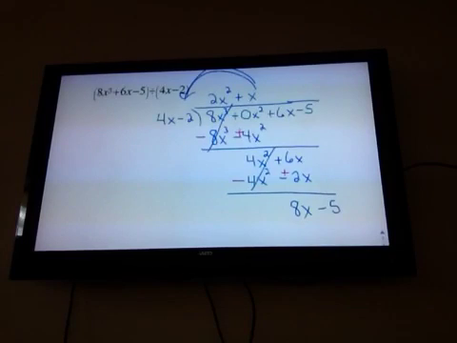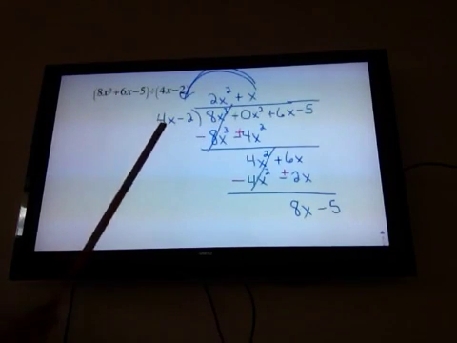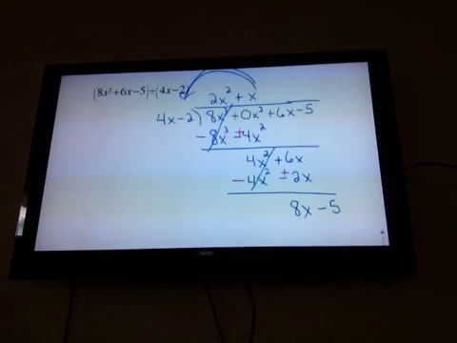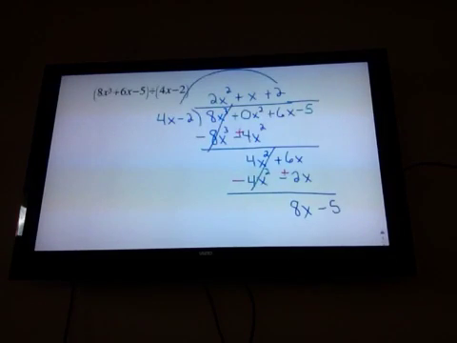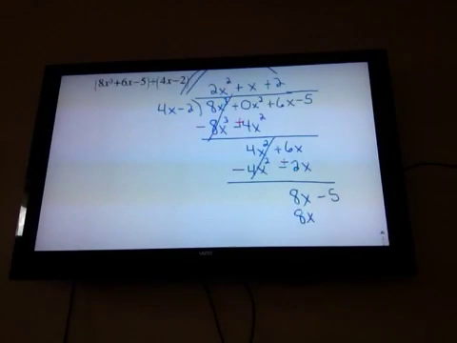There won't be any fractions involved in the division process. Okay? So 4x times what is 8x? 2. Positive 2. 2 times 4x is 8x. 2 times minus 2 is minus 4.